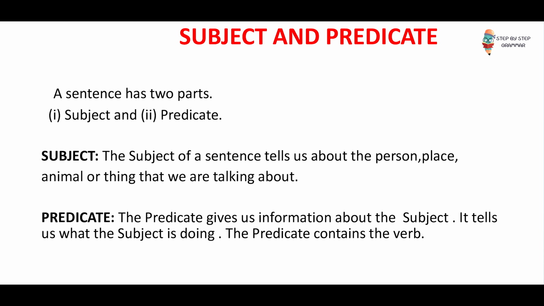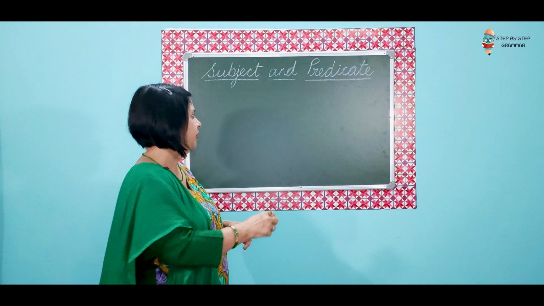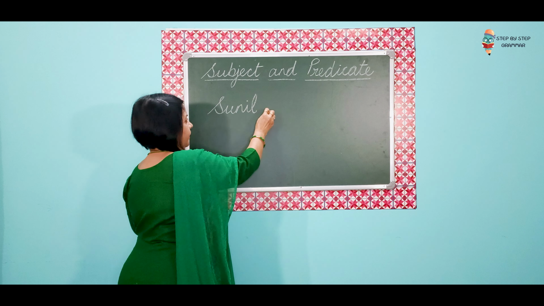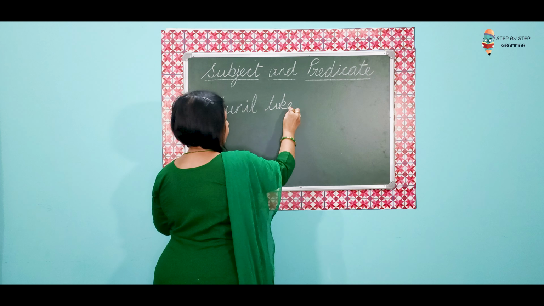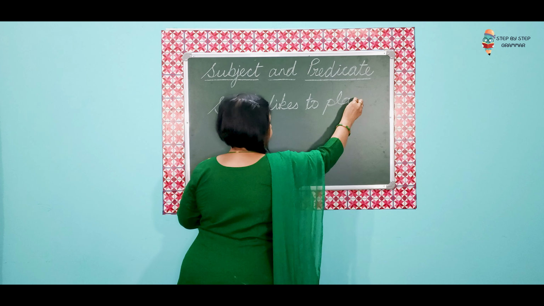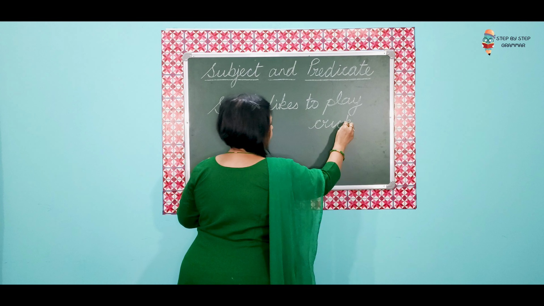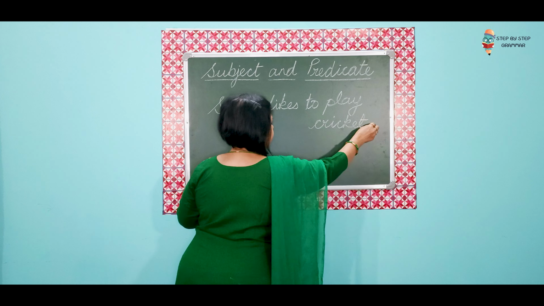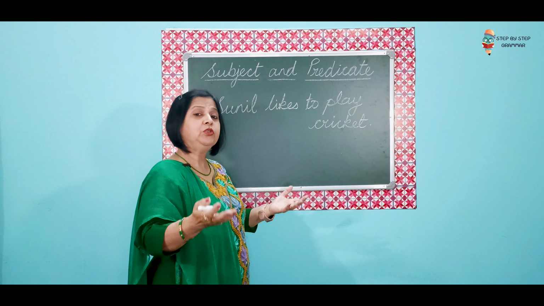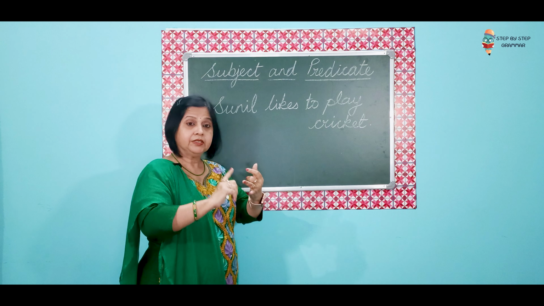For example, if you were to take a simple sentence, like for example, if I were to write, Sunil likes to play cricket. Okay? Now, in this sentence, that is Sunil likes to play cricket, whom are we talking about? Is it a person? Is it an animal?